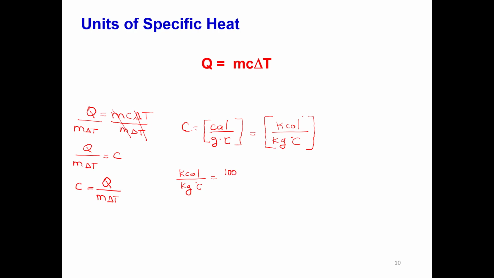Kilocal is 1,000 cal, kilogram is 1,000 grams, and then we have degrees Celsius. We can cancel out the 1,000 and 1,000. So these units are equivalent, they are the same thing. 1 kilocalorie per gram per degree Celsius is the same as 1 cal per gram per degree Celsius.